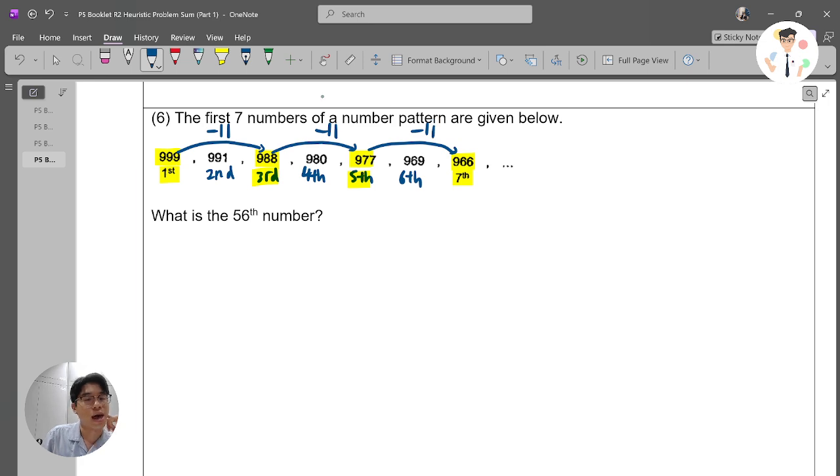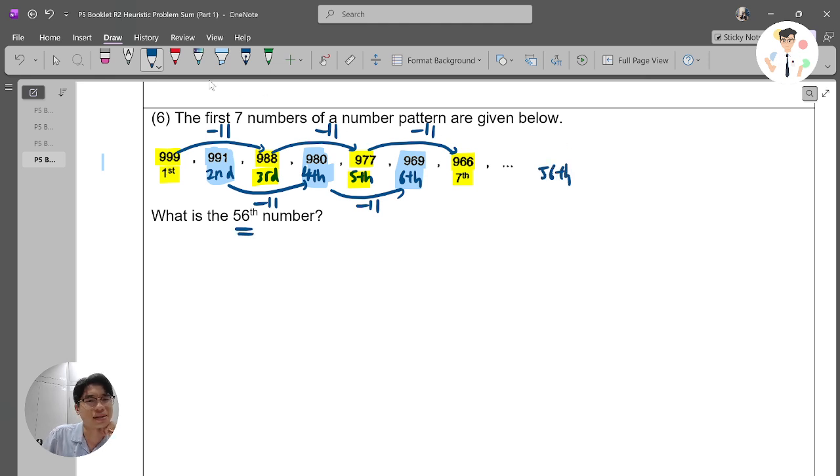Correct. And if we now focus only on the even numbers, 2, 4, 6, you notice what? It is also decreased by 11.